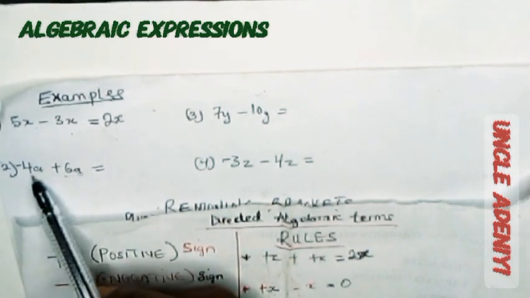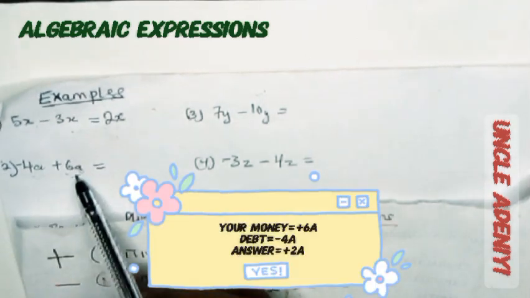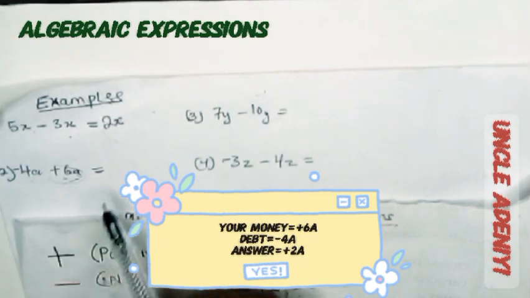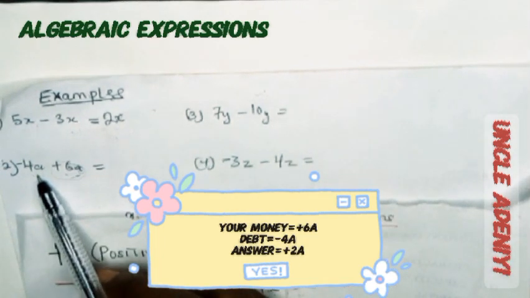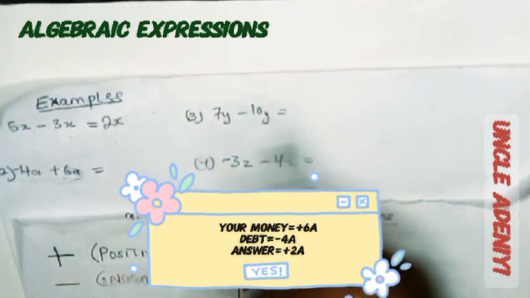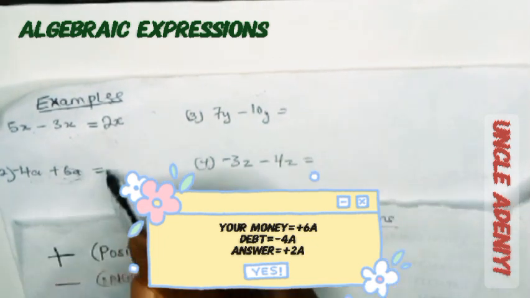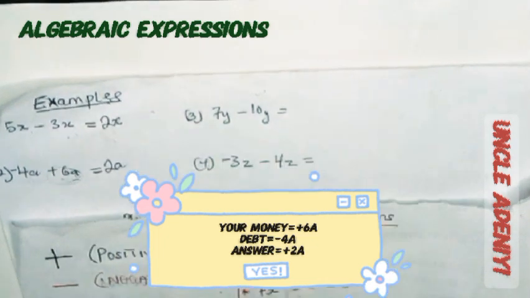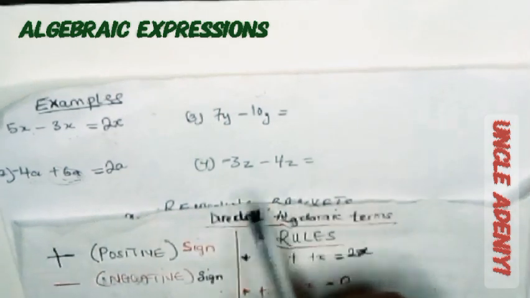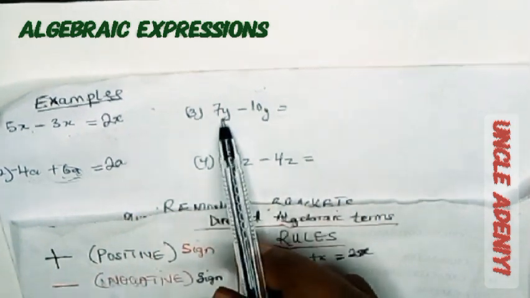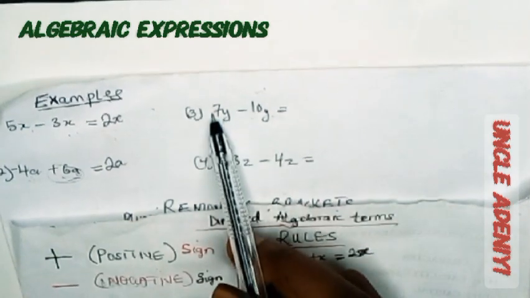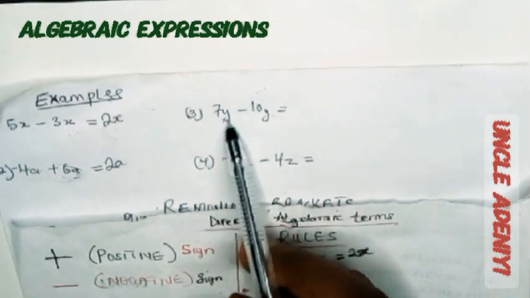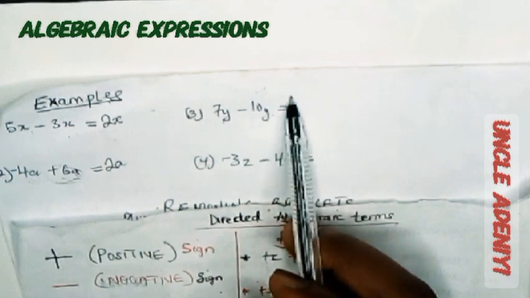The second question says minus 4a plus 6a. Minus 4a, this is debt, right? Plus 6a is yours. So if you are owing somebody 4a and you have 6a with you, what will be left with you? You have 2a. Right? So now, this is 7y minus 10y. 7y, that is plus 7y, is yours. Minus 10y is debt.